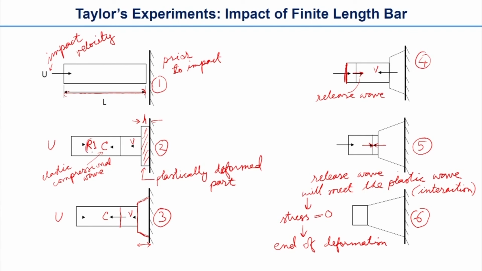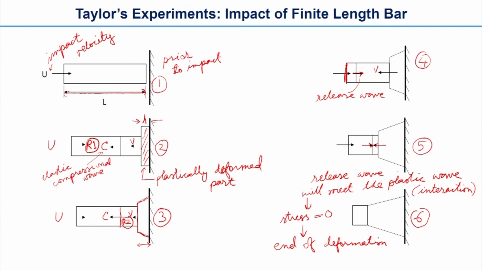This R1 case is when the elastic wave has not crossed that region yet. Then region number 2 is somewhere here, R2, that is inside the elastic wave region, that means on the right hand side of the elastic wave front.